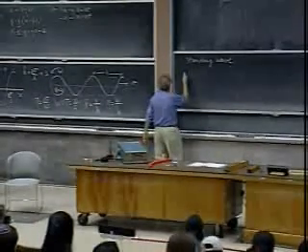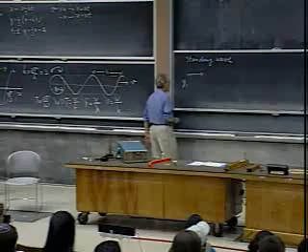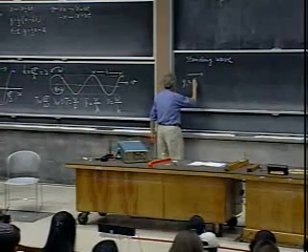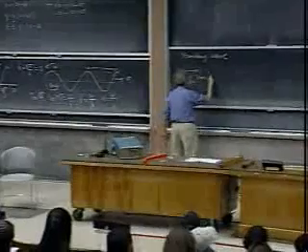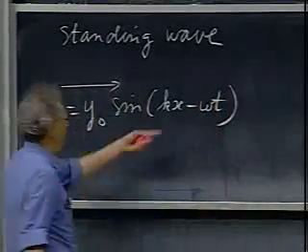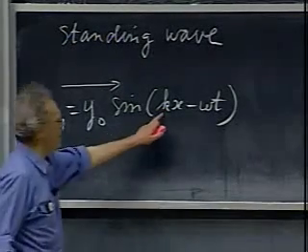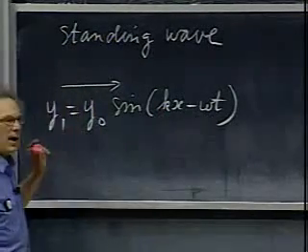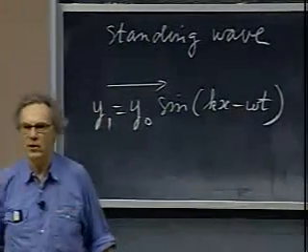Suppose I have a wave traveling in this direction, and I call that y1, and y0 is the amplitude, sine kx minus omega t. And notice now I have all the symbols that we are familiar with. We have the k here, we have the omega here, and we have the amplitude here. And the minus sign tells me whoosh, going in the plus direction.